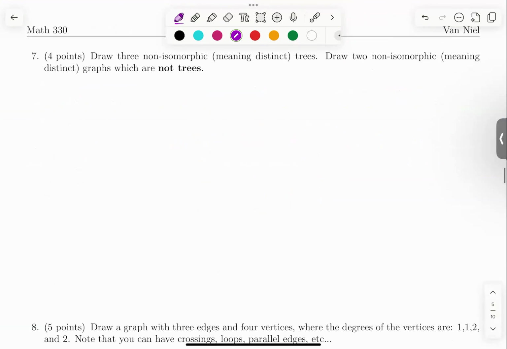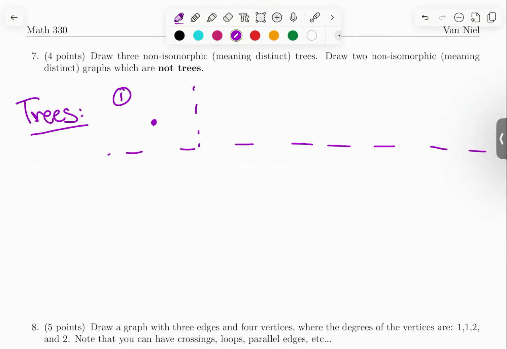Draw 3 non-isomorphic, meaning distinct, trees. Draw 2 non-isomorphic, meaning distinct, graphs which are not trees. So it's going to be good to label, right? So trees, maybe number 1, I have just a dot. I'm going to draw more than 3. I could have this one, which really looks like a tree.